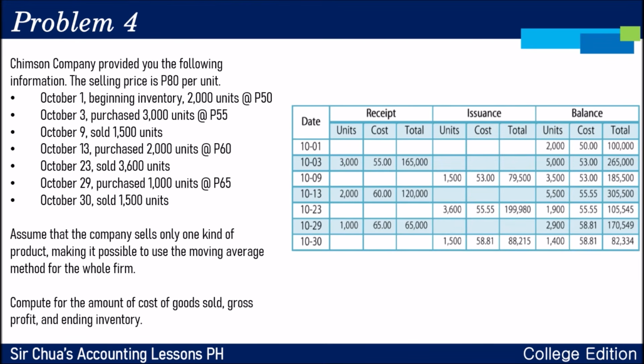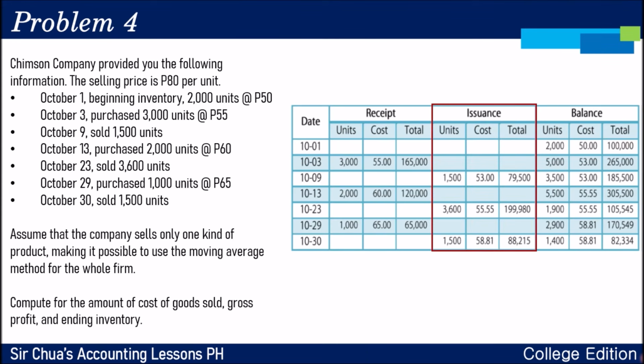Kaya ng October 30, yun din po yung magiging basis ng sales nating 1,500 units, which will give you an ending balance of 1,400 units at 58.81. Okay? Kung mapapansin nyo, kaya siya tinawag na moving average, kada may nangyayaring purchase, nagbabago or nagmo-move yung average cost.